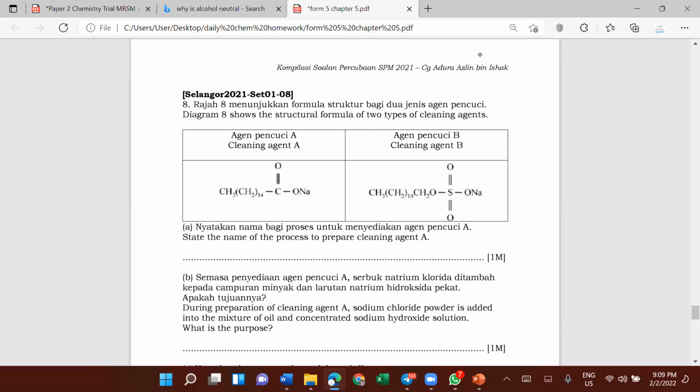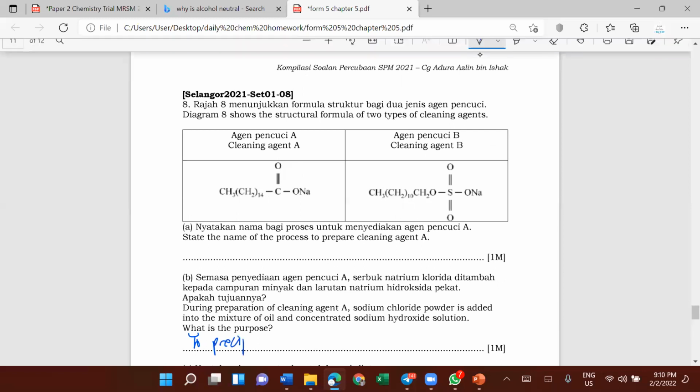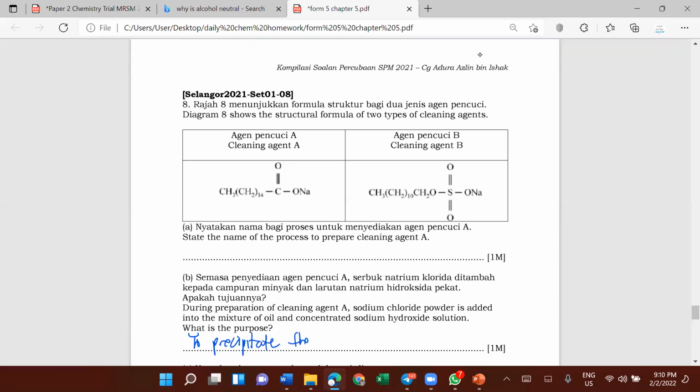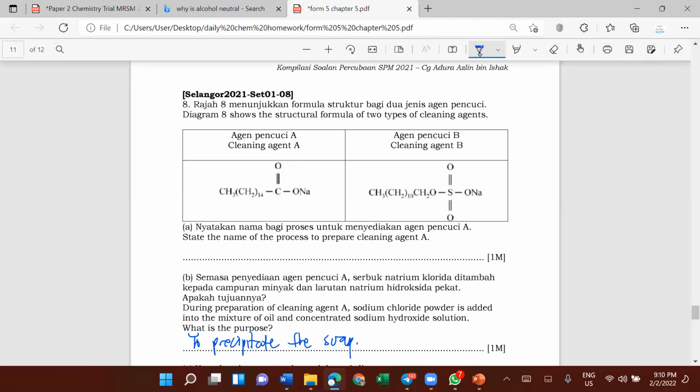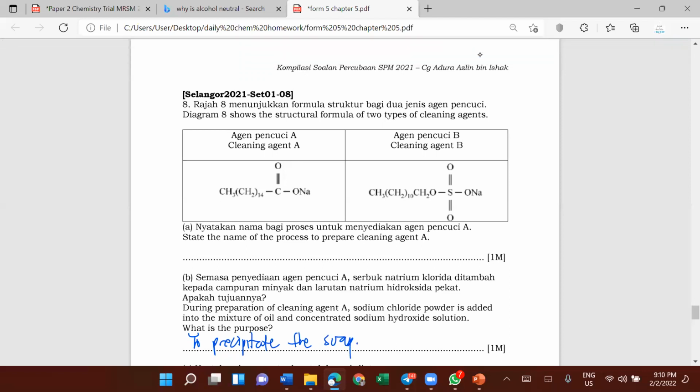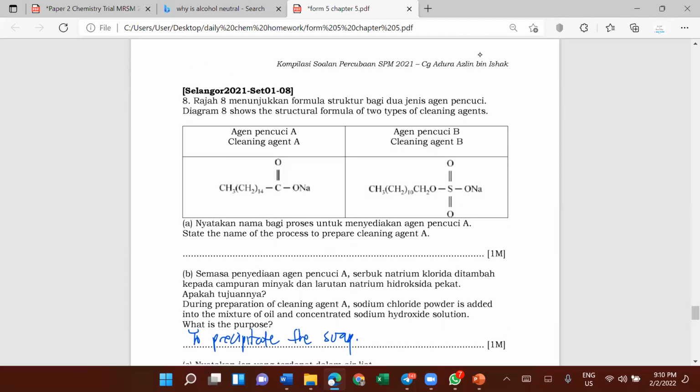One answer. Let me write down for you. Another way to answer this for me. To precipitate the soap. Another way to answer? To reduce the solubility of soap. To lower the solubility. Very good. To lower the solubility. Carry on. Whose solubility are you trying to lower?